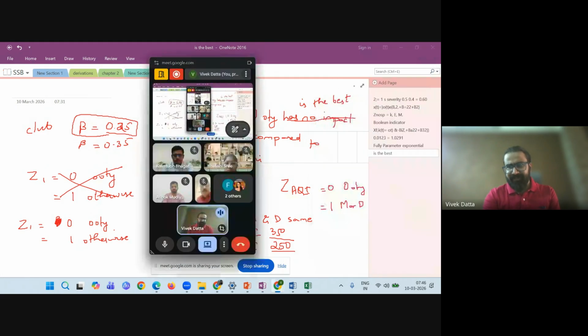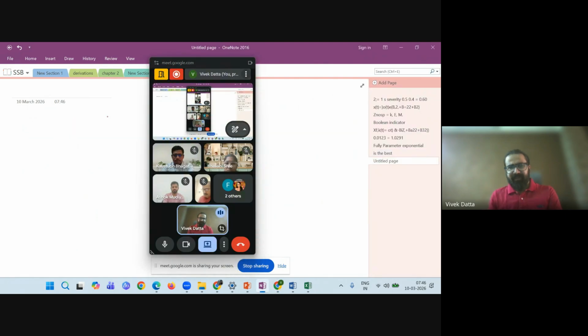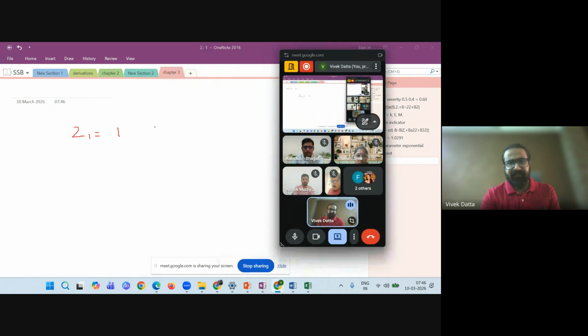Very simple. In my indicator variable, I will write Z1 is equal to 1 for Delhi, which means it is bad, and equal to 0 otherwise. Now this otherwise includes my Ooty and Mumbai.